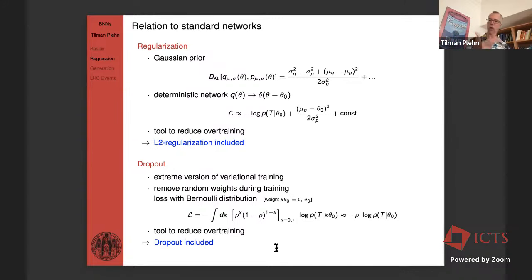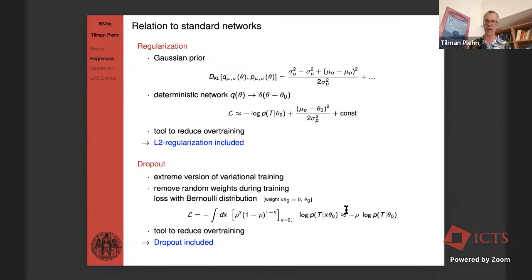Q can have two outputs, 0 and 1, and then the two of them give a mean. Now, if you replace our Q of theta by a Bernoulli distribution, which can have outputs 0 and 1, and you formally do this, then you get this additional term here. There's the minus rho prefactor, which is the expectation value, times the likelihood loss. So what you can also see is that our Bayesian network, this Q function, is a moderate, less extreme version of dropout, because dropout is nothing but a Bernoulli distribution in Q.